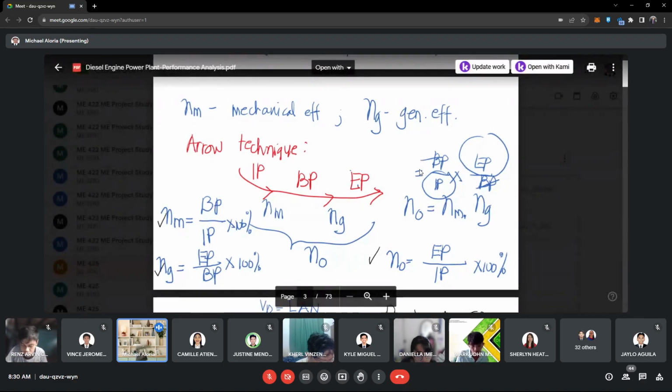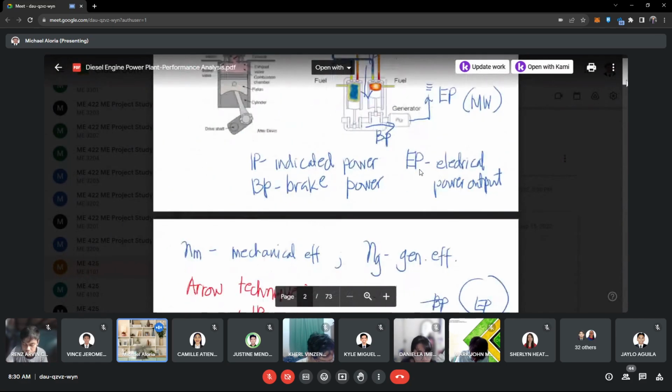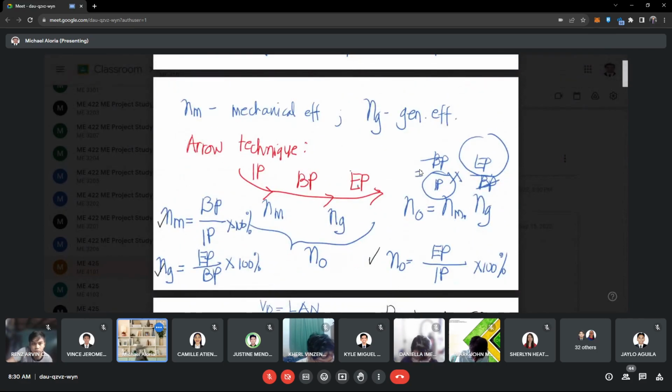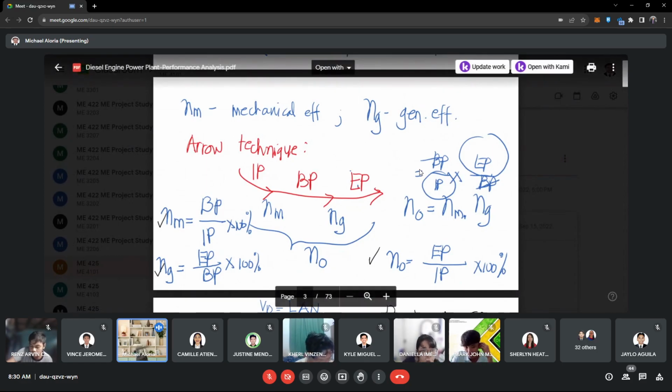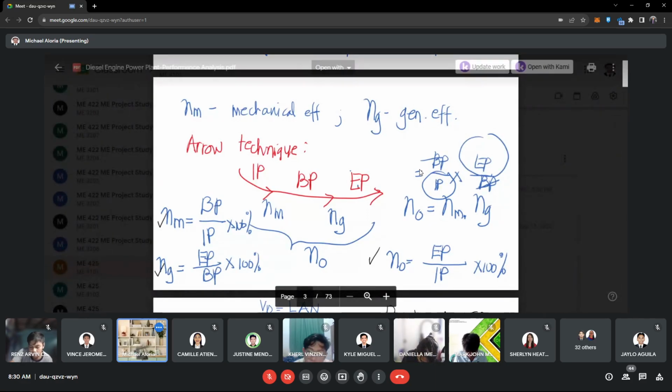So let us see how we can derive this. We need to see what happens when we use thermal efficiency as our performance parameter. Let us go back to the original relations: BP over IP is the mechanical efficiency, the generator efficiency is simply EP over BP, and the overall efficiency is EP over IP.